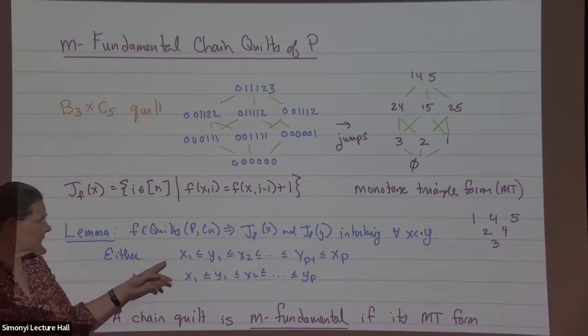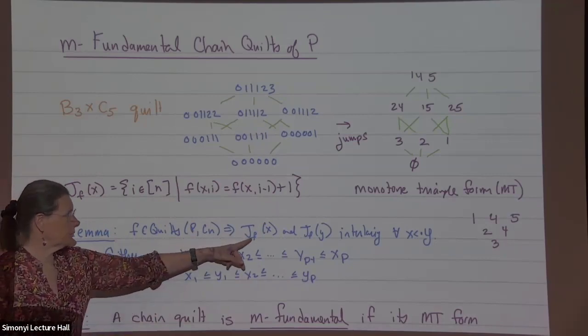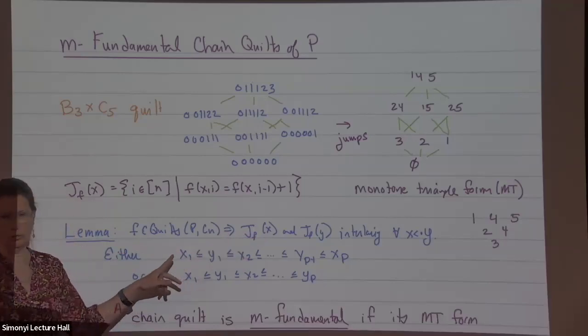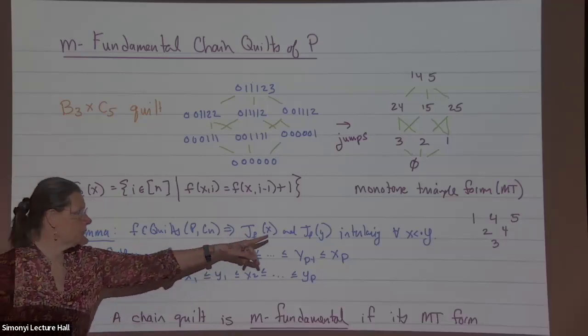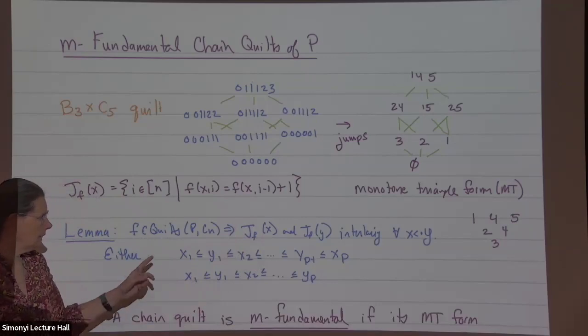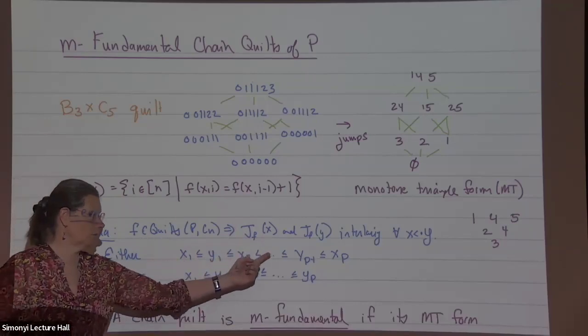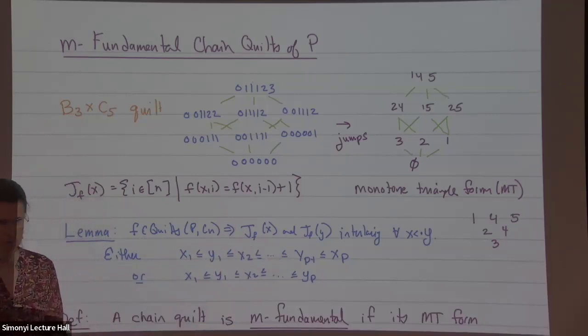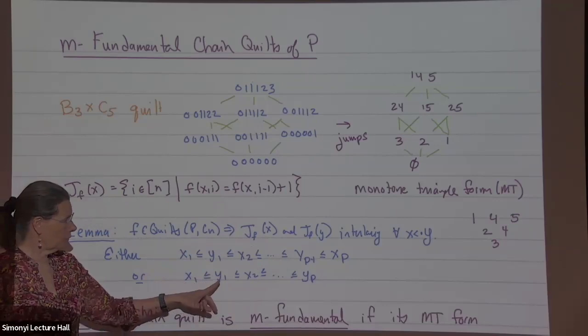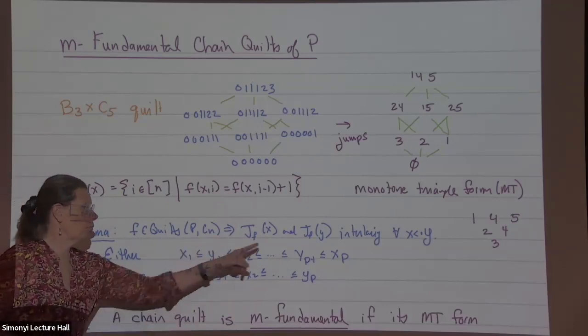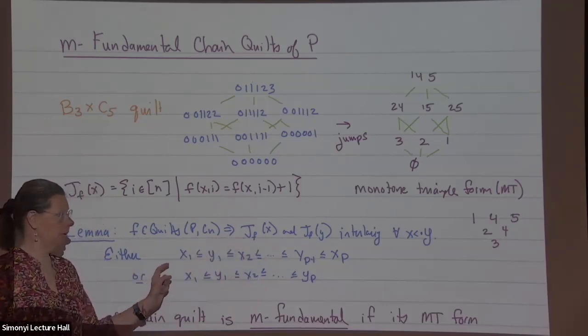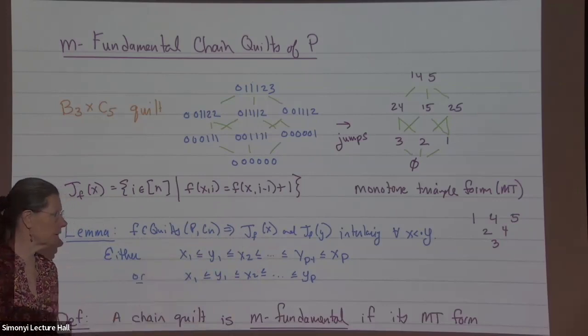So interlacing here means that if I call the jump set for x, x1, x2 up through some xp, and the one for y, let's call it y1 through yp, it has to be the case that x1 is smaller than y1 is less than x2 is less than the next one. They alternate back and forth, so kind of a little zigzag as you go through. And in the other cases, one of them could be longer than the other, but only by 1.